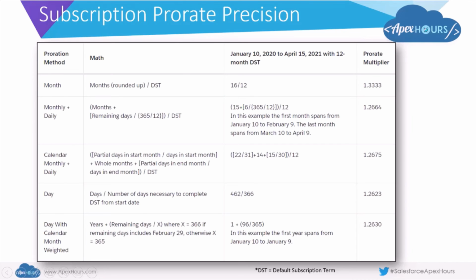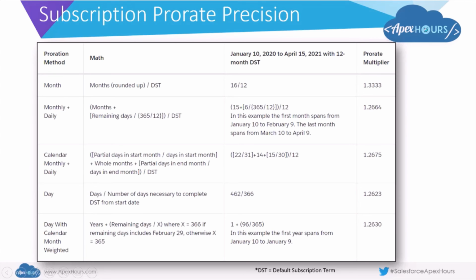There is another option, which is the days with calendar month weighted. What this does is it takes out the number of years and then does a proration based on the remaining days divided by X, where X is 366 if it includes February 29th. In this case it does not, otherwise it would take 365. So it takes the full year and then adds the remaining partial amount, the 96 days, and divides it by 365.